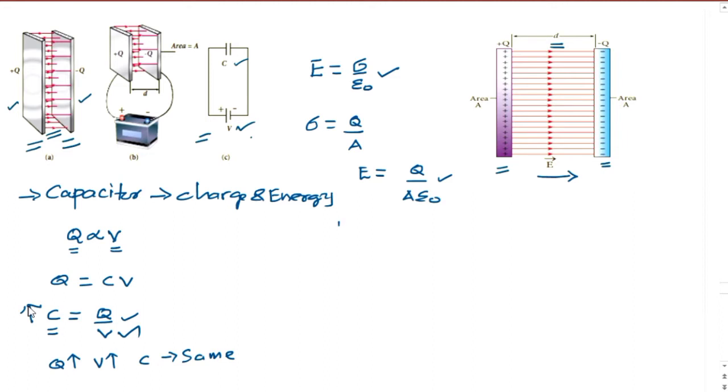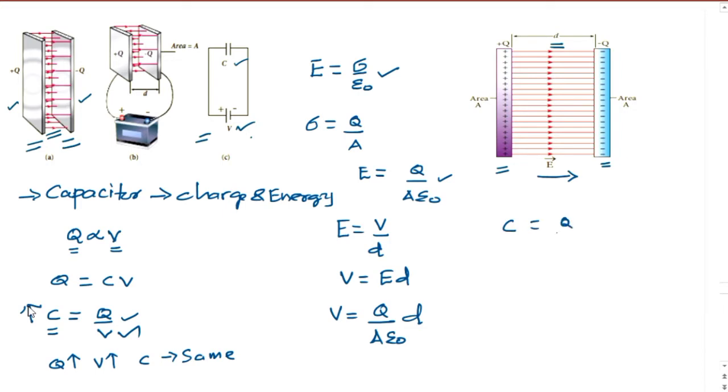Now the relation between the electric field and potential difference is E is equal to V divided by d. Therefore, the potential difference V is equal to electric field times distance. We know what the electric field is. So V is equal to Q divided by A epsilon naught, into d. This is your potential difference. Now what is capacitance?